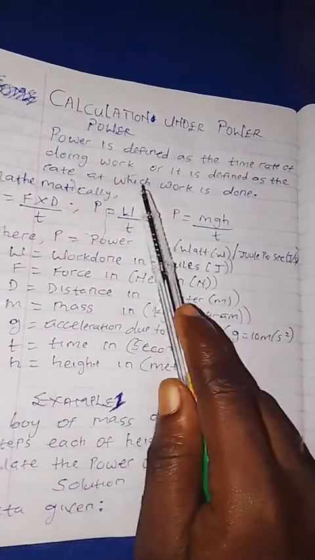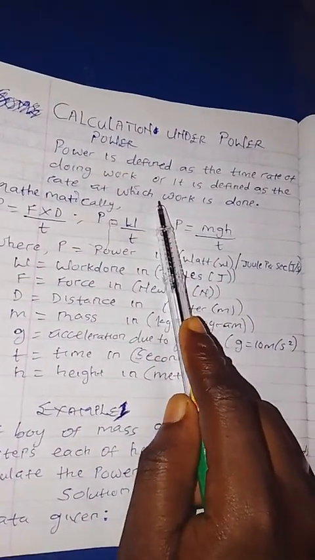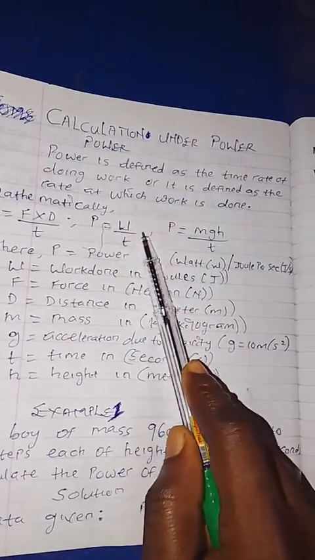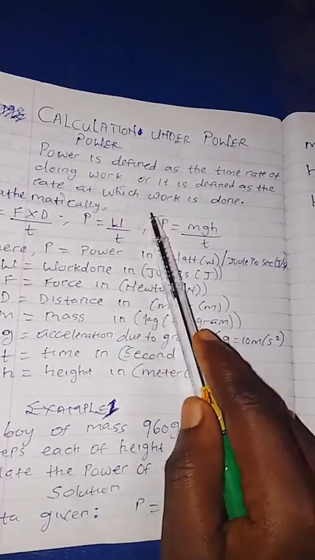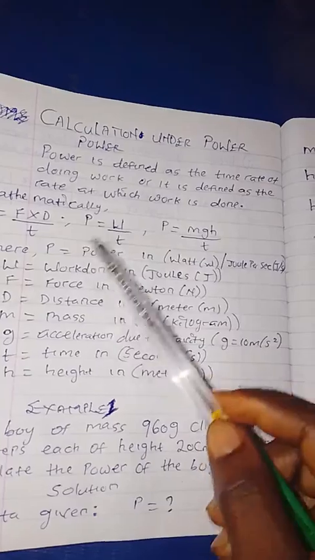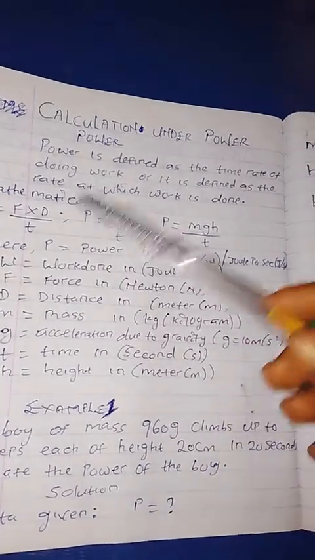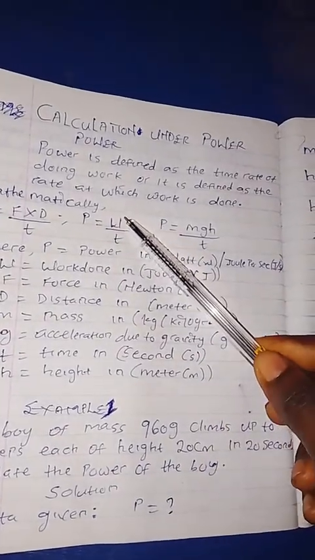So mathematically, power has its own formula, which is power is equals to work done over time. The symbol is P is equals to W over T, whereby we know that work done is a derived quantity because it has its own formula.